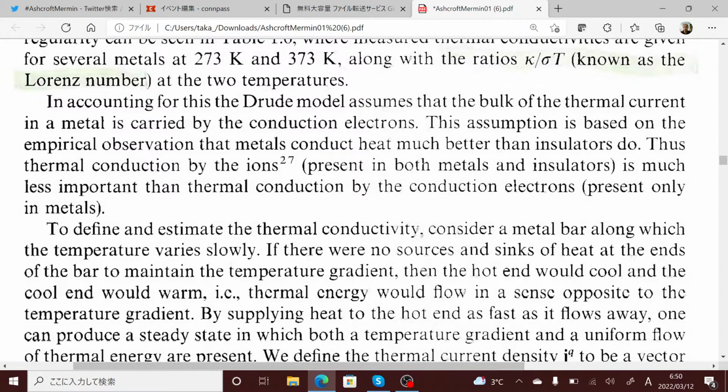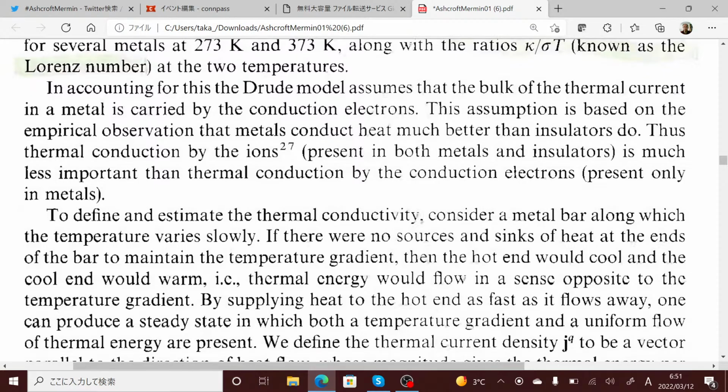In accounting for this, the Drude model assumes that the bulk of the thermal current in a metal is carried by the conduction electrons. This assumption is based on the empirical observation that metals conduct heat much better than insulators do.